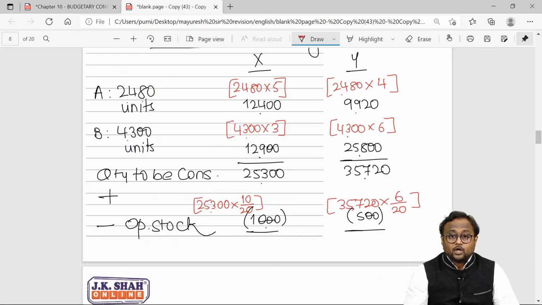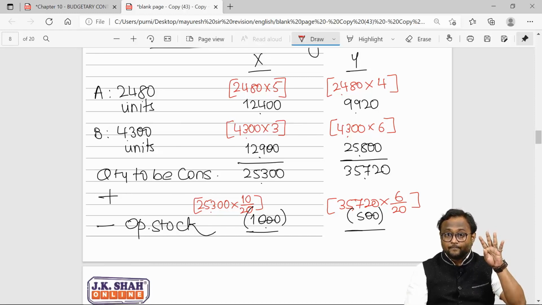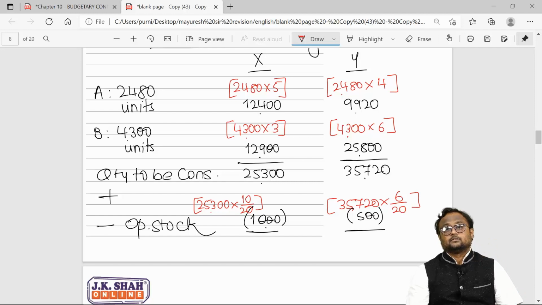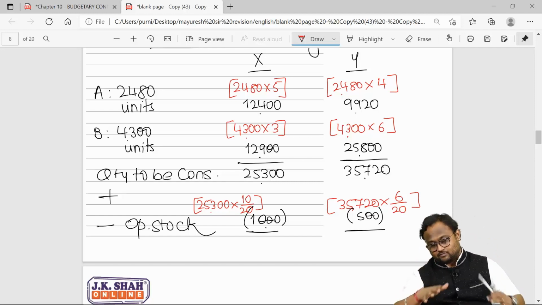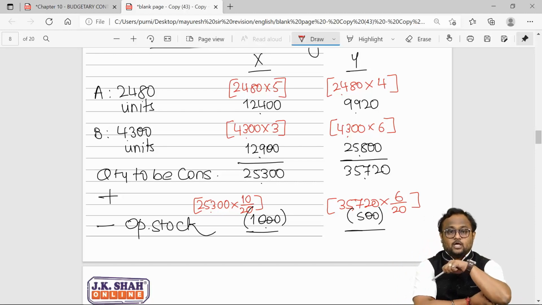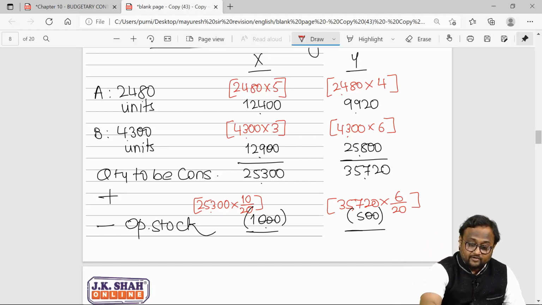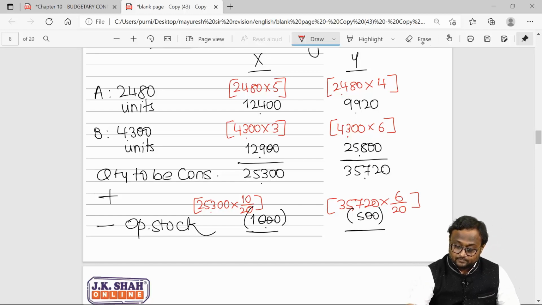Whatever consumption you have calculated is for the budget period, and budget period is 4 5-day weeks. 1 week consists of 5 days, so 4 weeks, the total period will be 20 days. So my consumption of 25,300 is for 20 days.